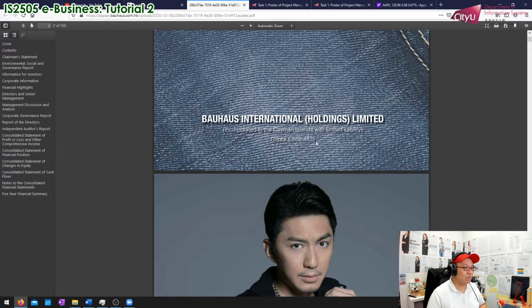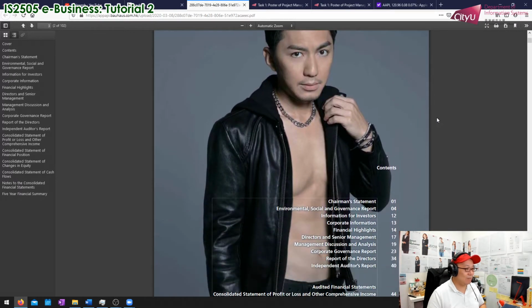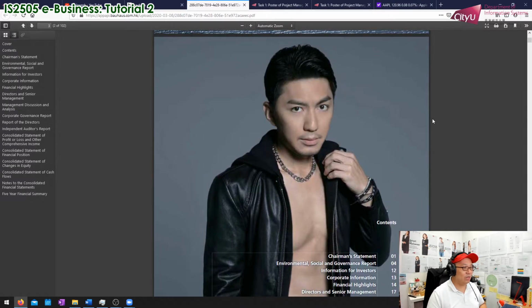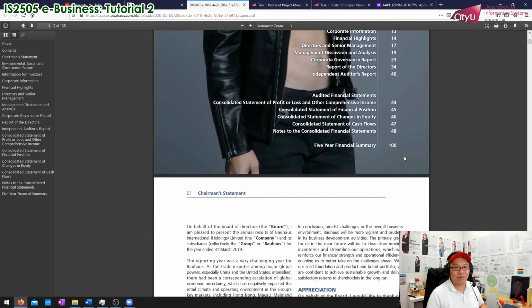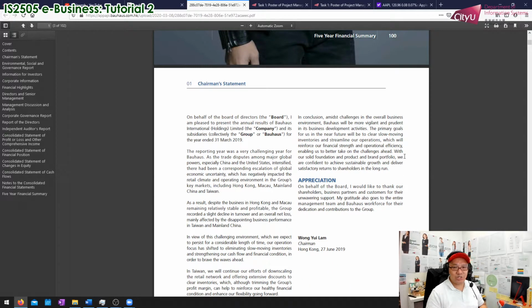Some companies like to have a stock code here to show you that in case you are interested to buy this share, this is the stock code for you to trade their shares on the Hong Kong Stock Exchange. Now they have the table of contents, and it is not a very usual table of contents. It depends on the nature of their company. So from the model that you have here, this is definitely an interesting fashion company.